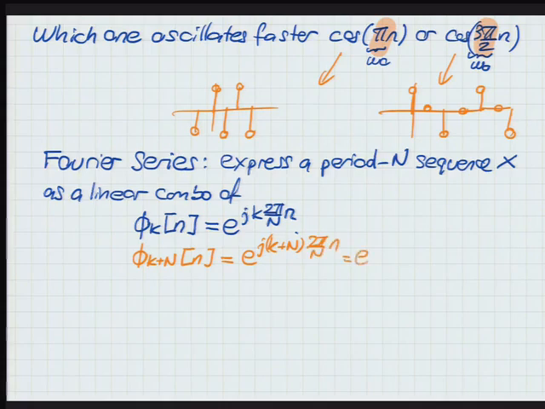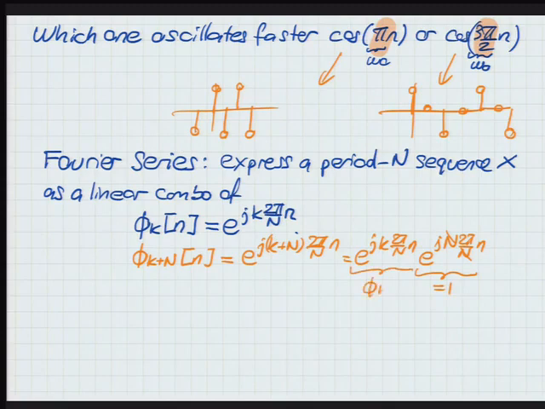But then I can split this as e to the j k 2 pi over N n times e to the j N 2 pi over N n. So these N's cancel, and little n is an integer. So what you're seeing here is e to the j 2 pi, 4 pi, 6 pi. They're all the same thing. They're all 1, right? So this is really 1. And this is what we started with.